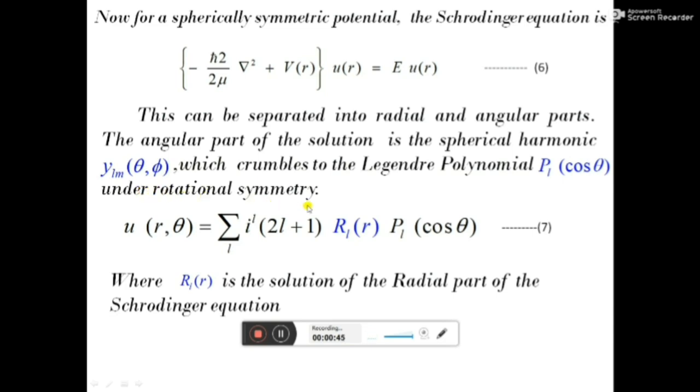Therefore, the solution of the Schrodinger equation can be written as the product of the radial wave function and the Legendre polynomial. Therefore, the solution of equation 6 is given as u of r theta is equal to summation over L i power L 2L plus 1 RL of r PL of cos theta, where RL of r is the solution of the radial part of the Schrodinger equation.